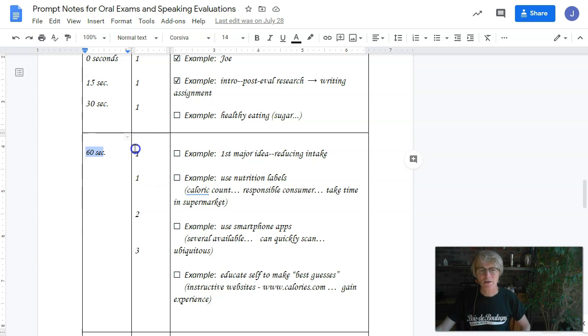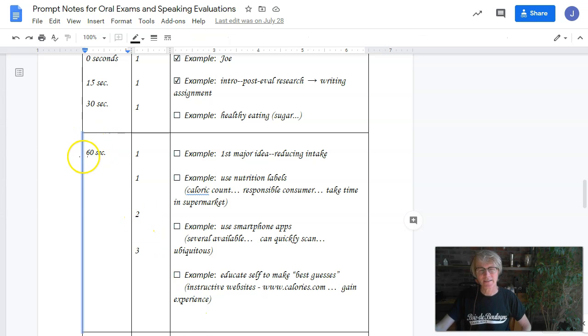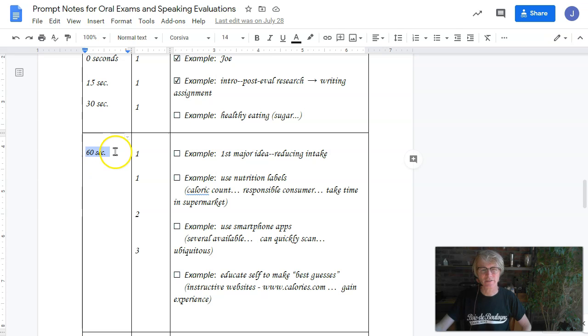And you may only get to do the first major idea under that topic, and that's it. Or you might get to do 2, or who knows, you might get to this idea here. But once you reach that 60 seconds, that's it, you stop.